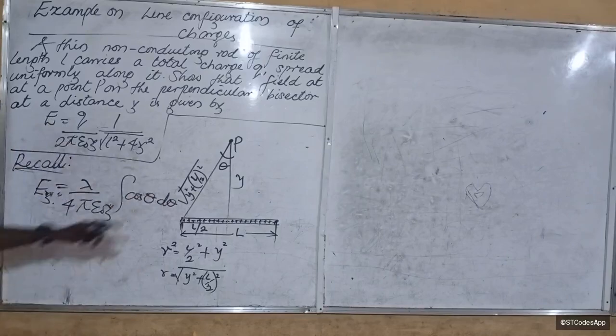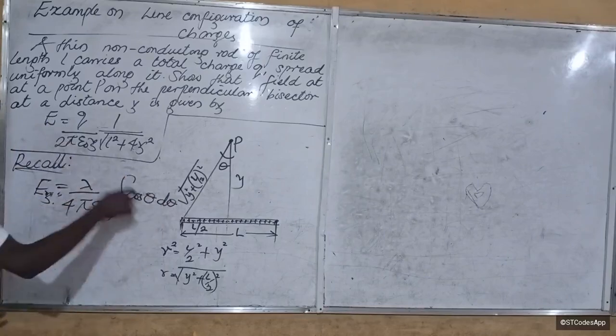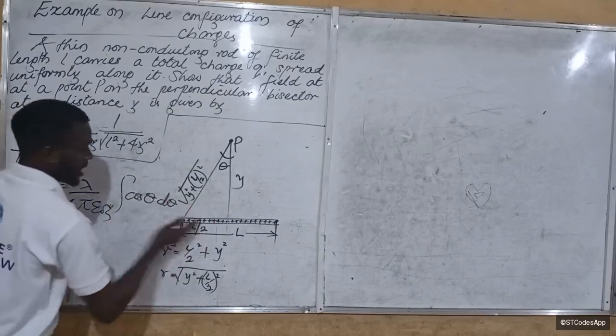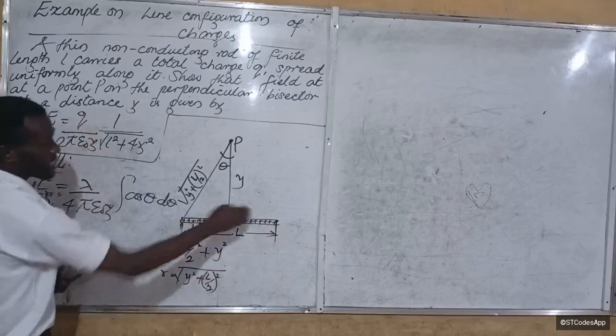If you remember, we had this. So by the time you take the integral of cos theta, and that was the integral of dEy, there was a part where we had this, so I just bring that part into this concept. When we take the integral, we're going to have Ey. Remember that yesterday we said the sum of the electric field is going to be just the one due to the y-axis, because the one due to the x-axis will cancel out on either side.